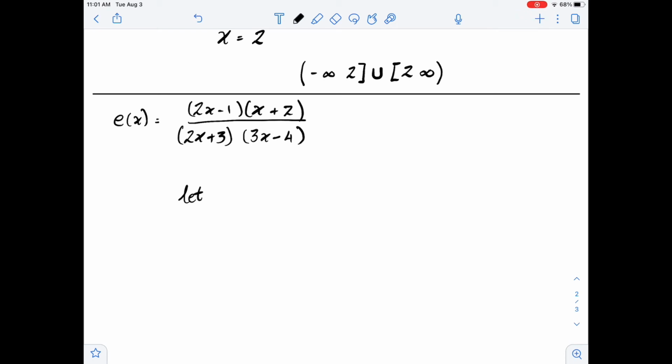So again, that is, I'm going to let 2x plus 3 times 3x minus 4, I'm going to let that equal to 0. I'm going to let my denominator equal to 0, and I'm going to solve. All right, well, how do I solve this? Well, what we say mathematically is that if you multiply 2x plus 3 times 3x minus 4, so if you multiply this times this and you get 0, well then either this is 0 or this is 0.